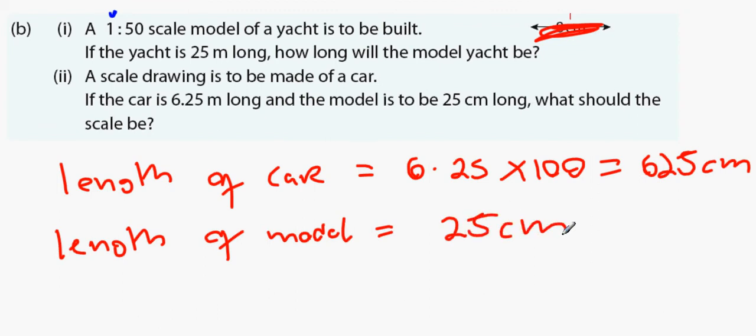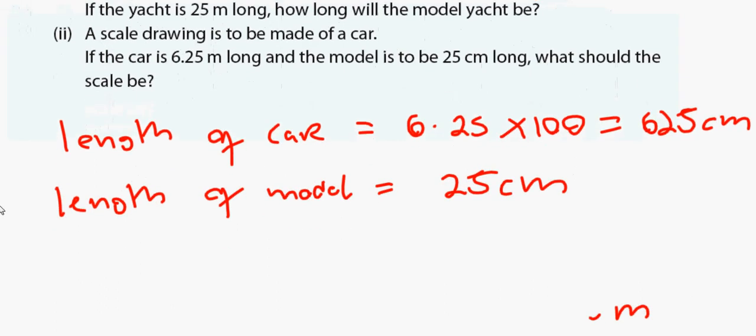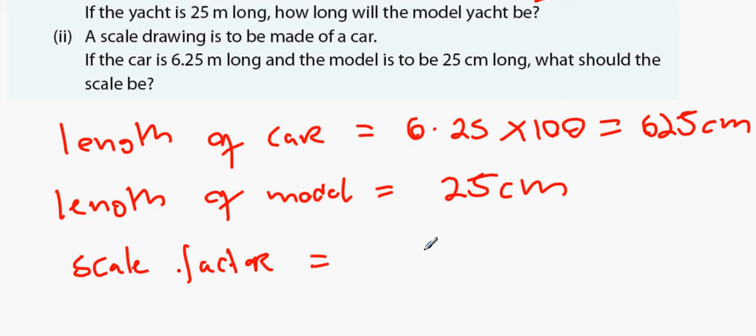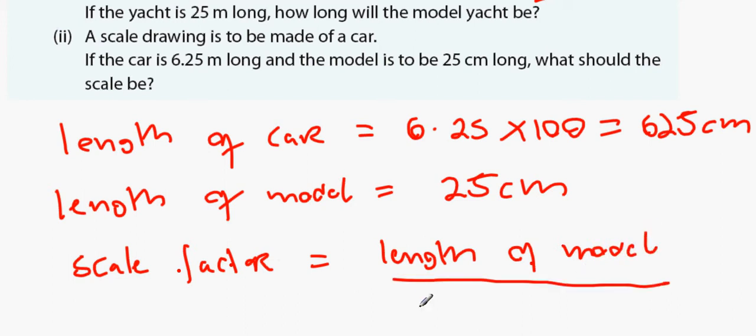So we have to find out how much bigger the car is than the model. So how many times bigger is the car than the model? So the scale factor will be length of car divided by length of model.